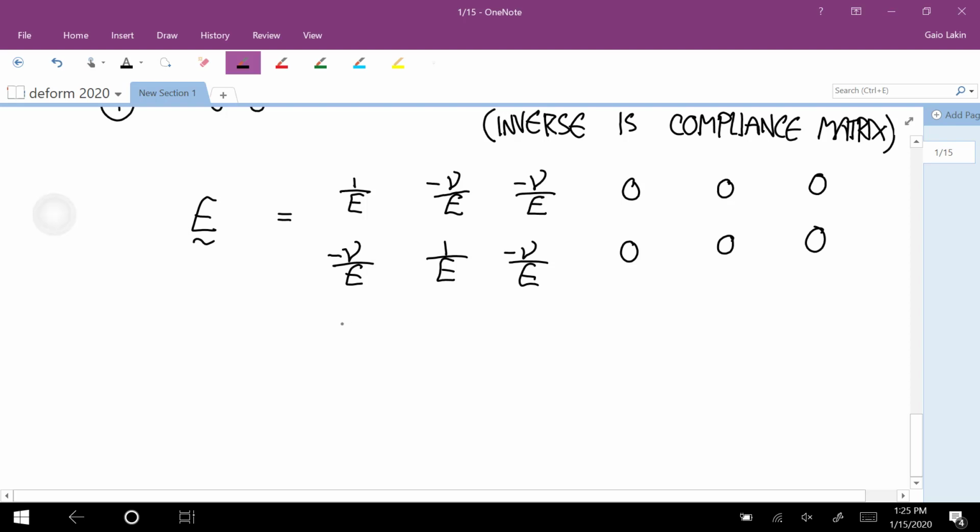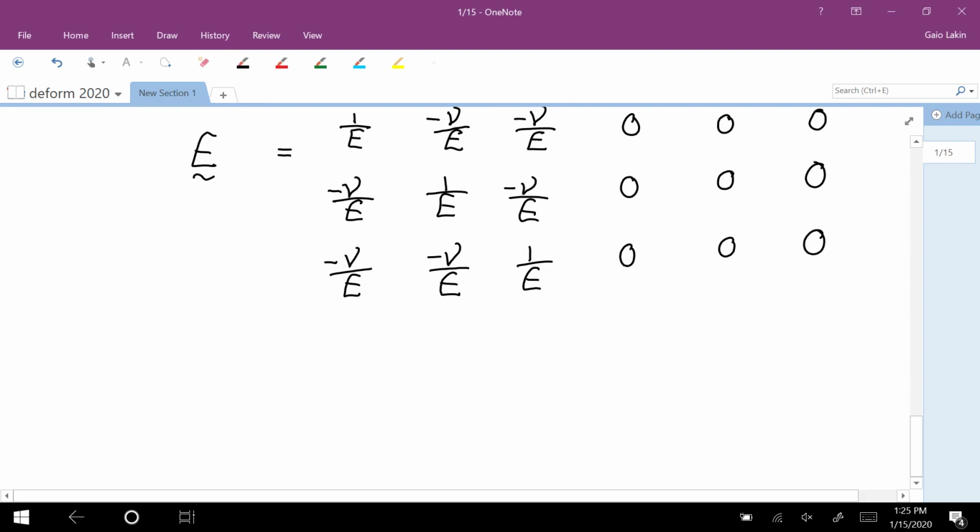And then the third one is negative nu over E, negative nu over E, 1 over E, 0, 0, 0. And what is it? It sort of looks like a scripty V, like a V.